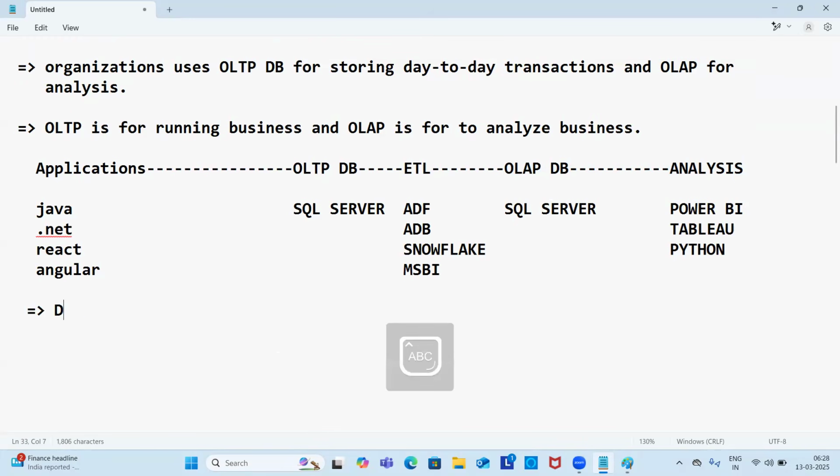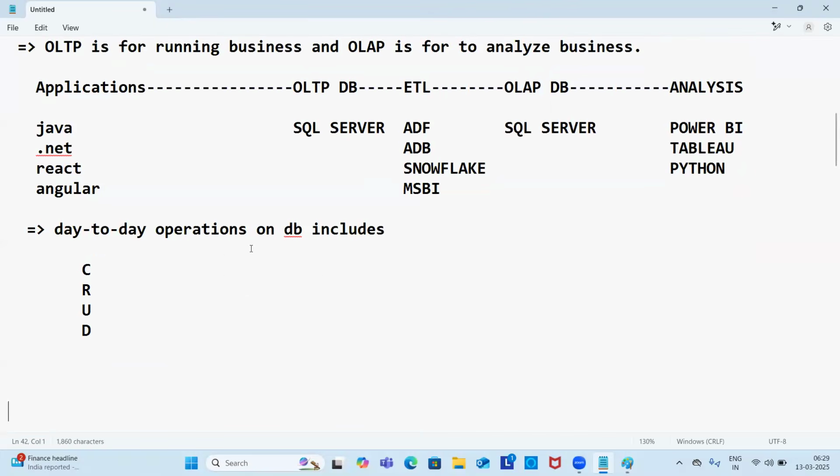The day-to-day operations on a database include CRUD. C stands for create, R stands for read, U stands for update, D stands for delete. So create the data, read the data, update the data, delete the data.